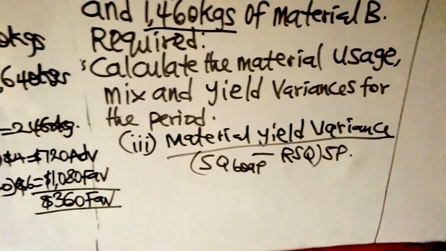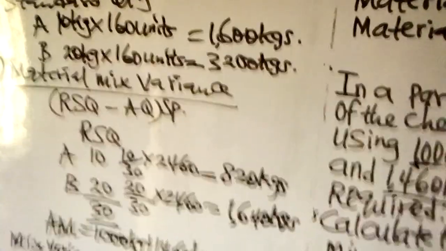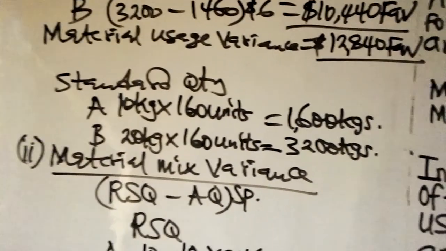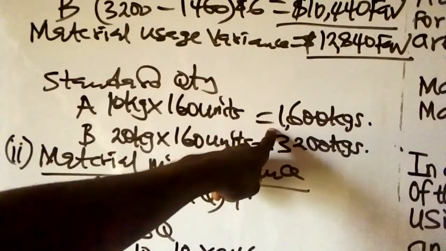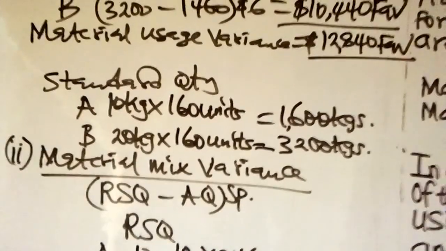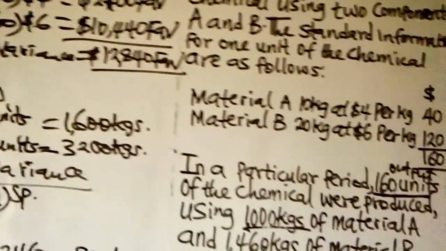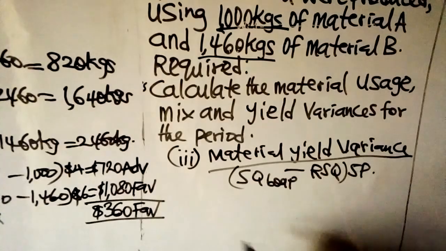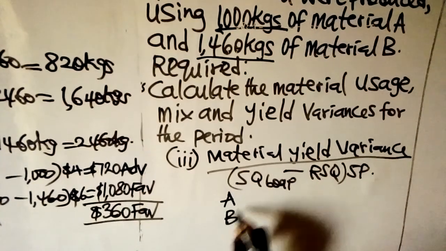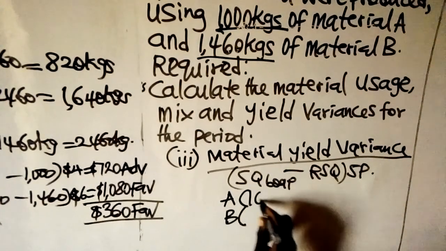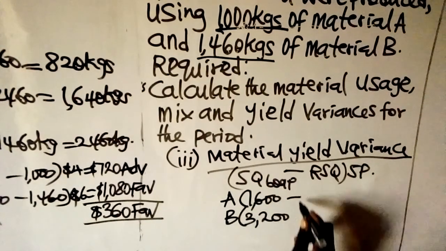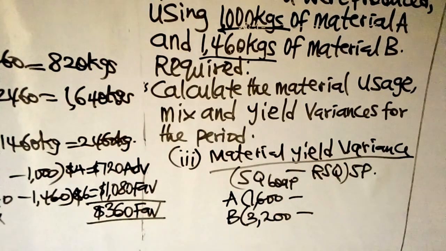When we wanted to calculate the material usage variance, we computed the standard quantity based on actual production, and we got 1,600 and 3,200 respectively for material A and B. So the standard quantity based on actual production is material A 1,600 kgs, material B 3,200 kgs, minus the revised standard quantity.